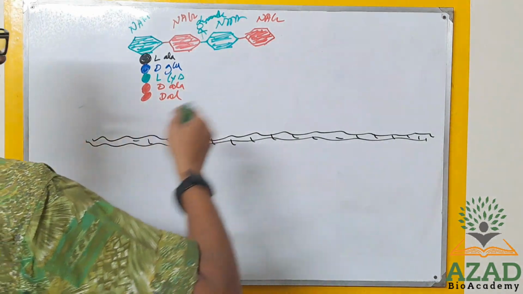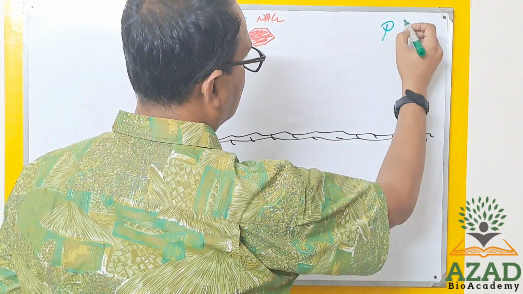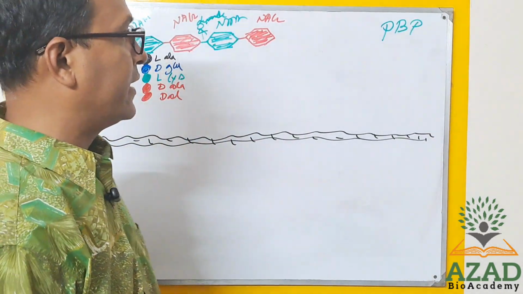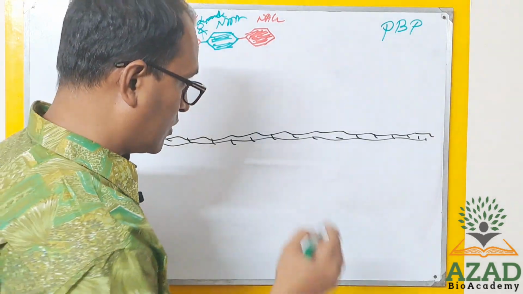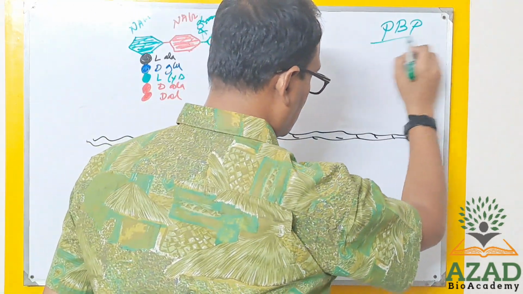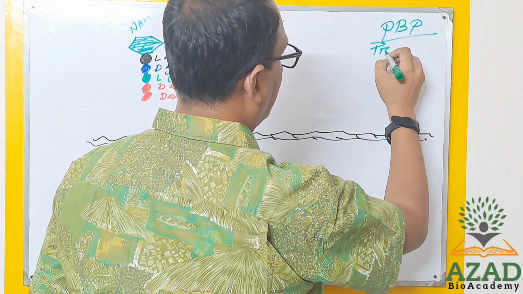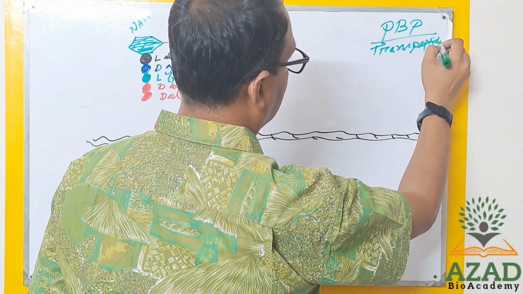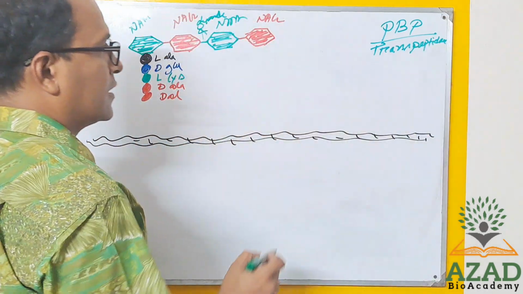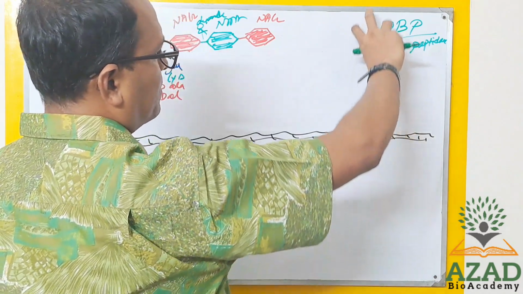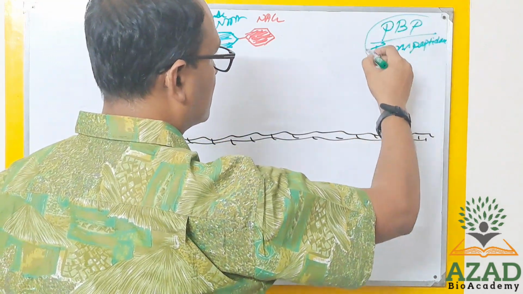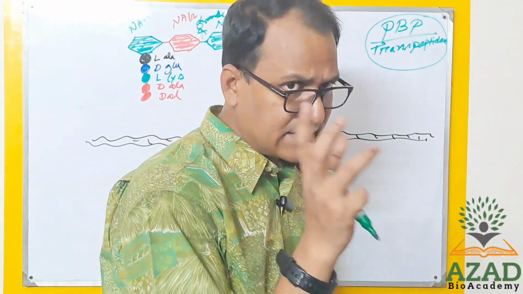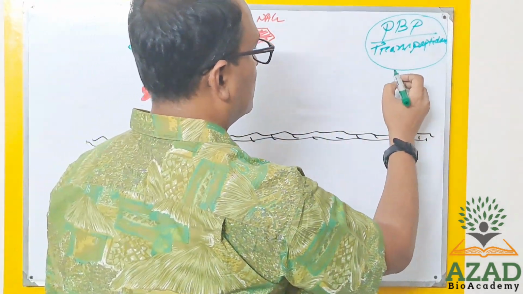The name is PBP, penicillin binding protein. It is also known as transpeptidase. The transpeptidase or penicillin binding protein has several types, basically two types.